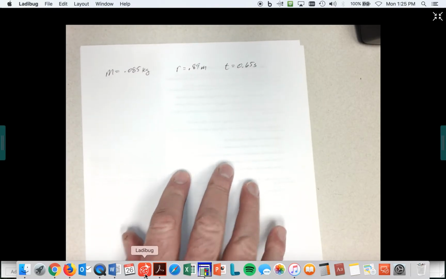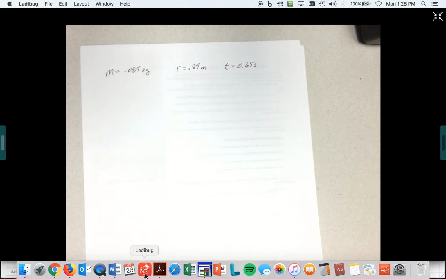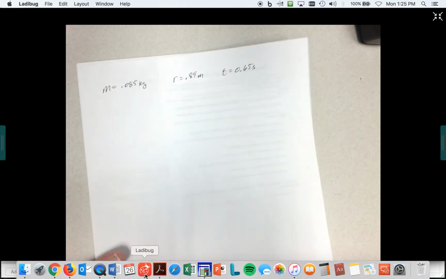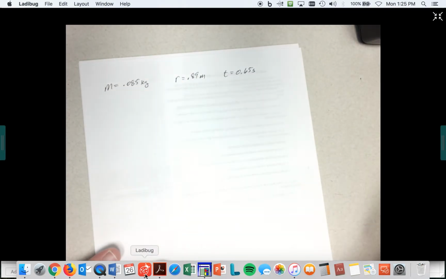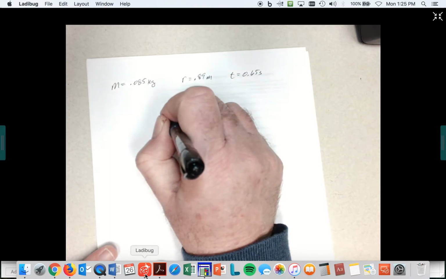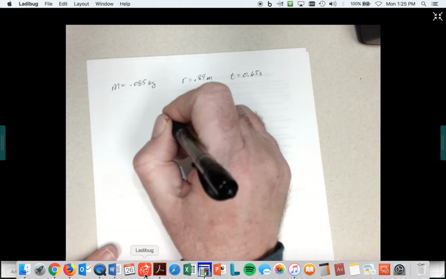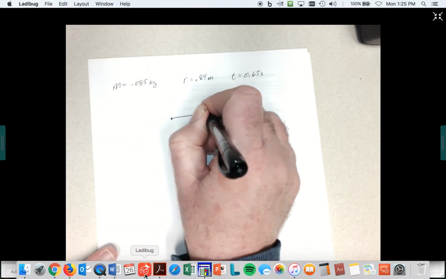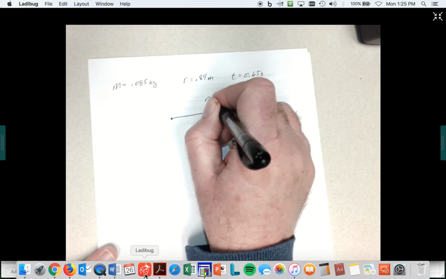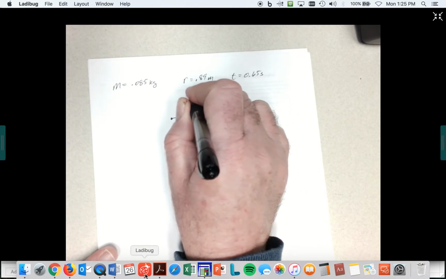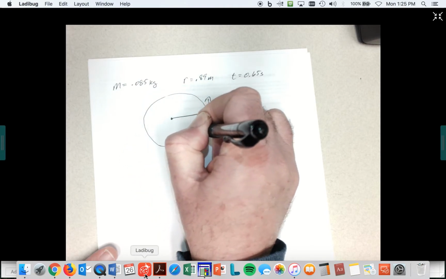Now, the main thing I need is this: the thing is going around. Here's the thing that's holding the string, and the puck is here. It's got a tangential velocity like this, and an angular speed going around like this.